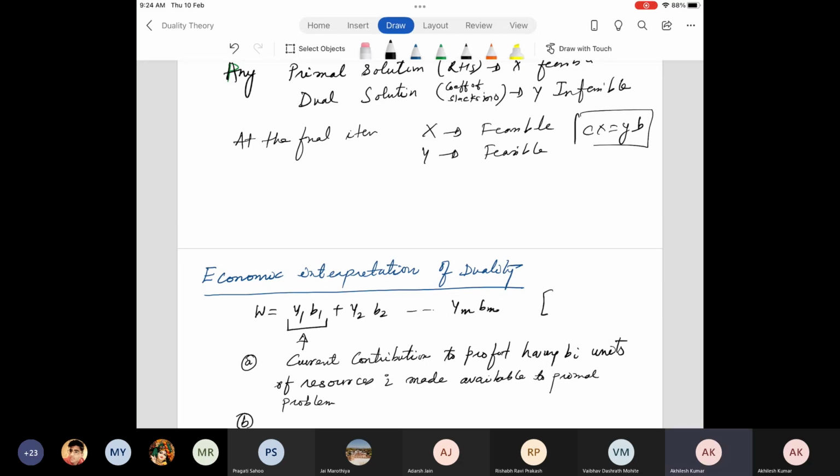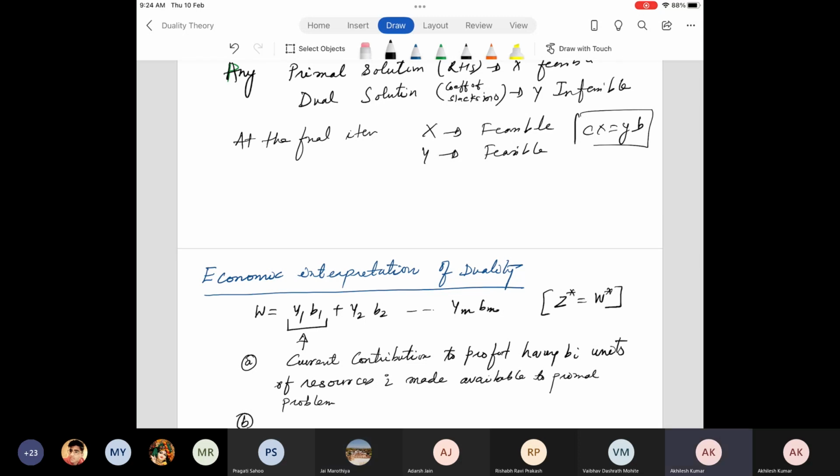As I said, G star will be equal to W star. Sir, what is G star here?